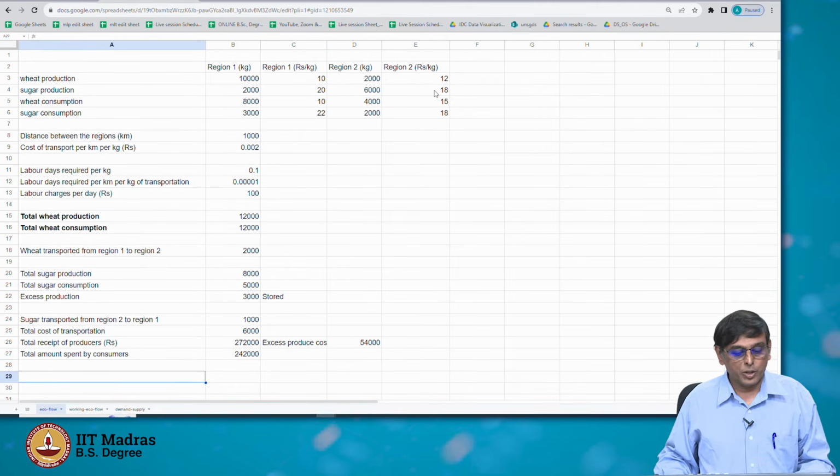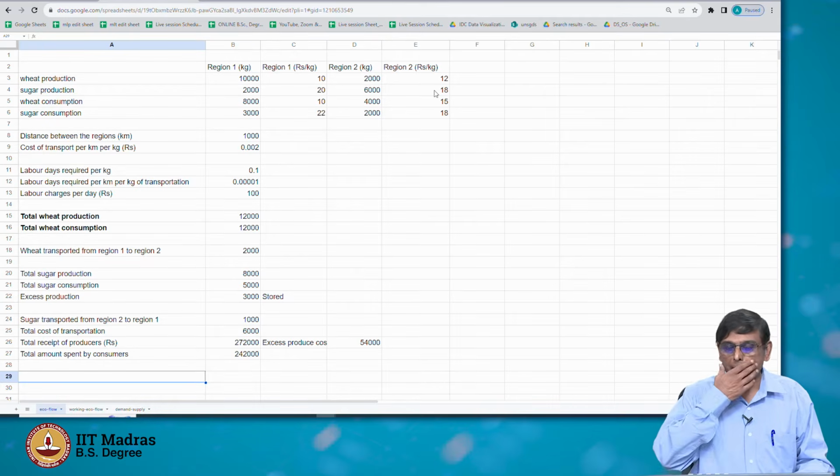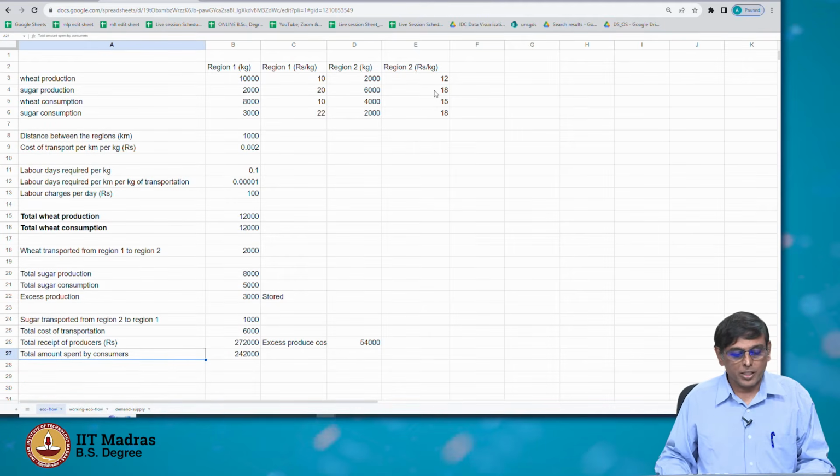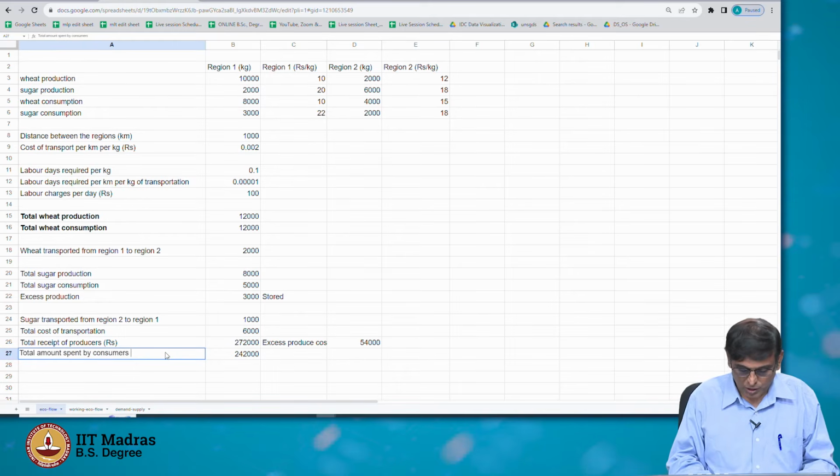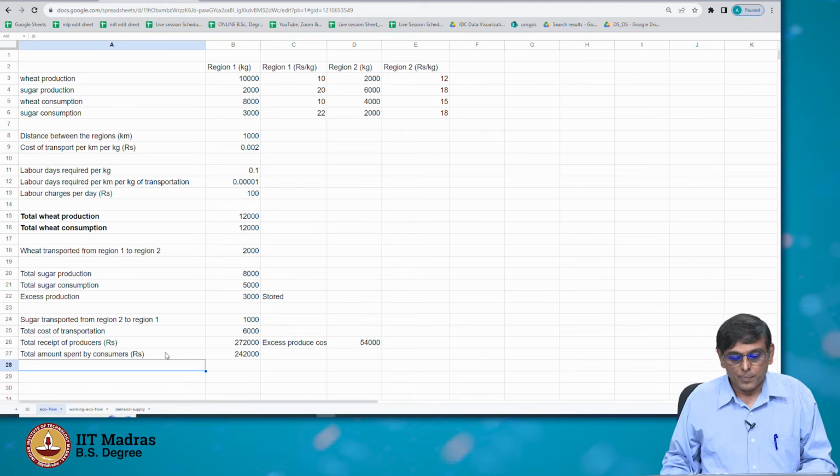Then finally, I need to calculate a few more things. What do I need to calculate? We know basically that consumers spent totally so many rupees. So, if I can subtract this, right. So, this is net. So, this is minus this.